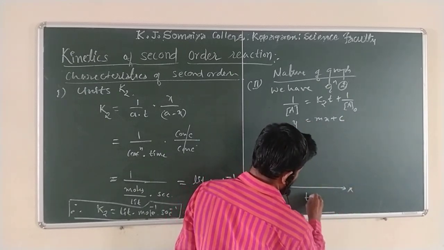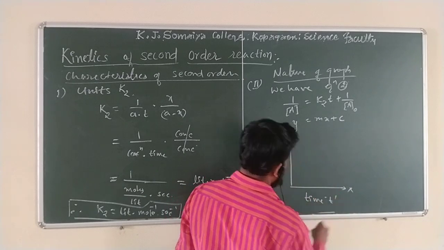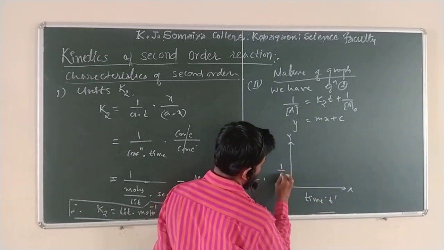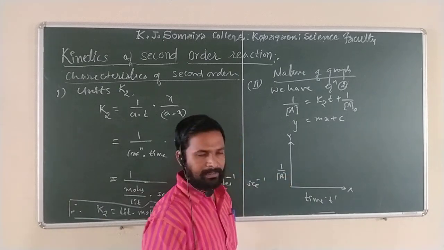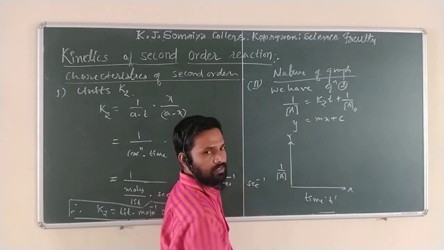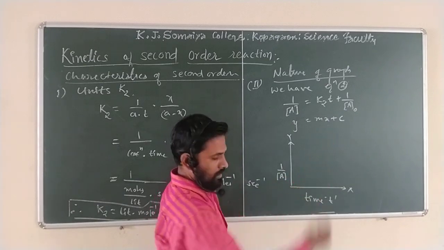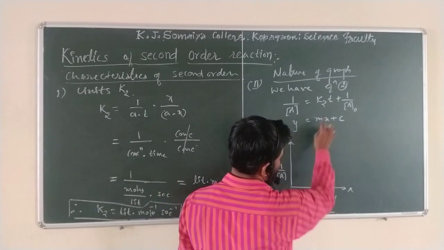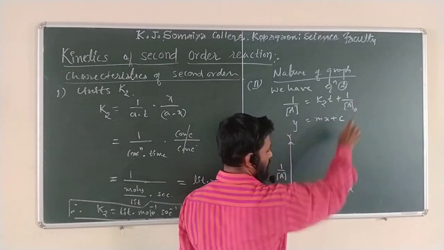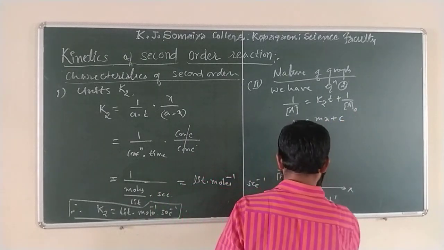X is time. On the x-axis, time t is taken. And on y, 1 upon A, where A is the remaining concentration. If we plot the graph, K2 is on the positive side, and 1 upon A0 is the y-intercept. You will get the graph in such a way.